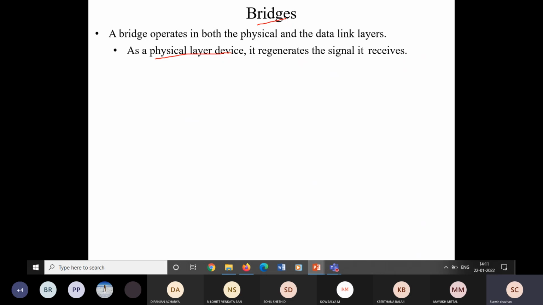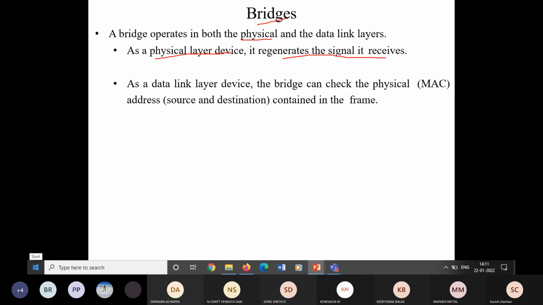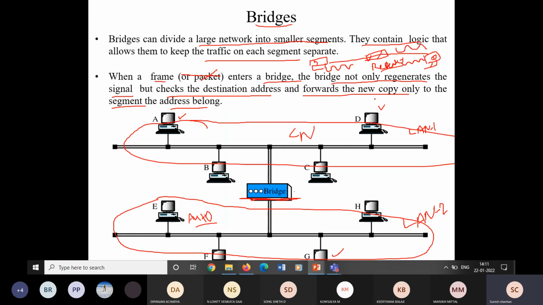The bridge at the physical layer has the function of regenerating the original signal. And the second layer is the data link layer, right? In the data link layer, what the bridge has to do, I'll come back to that.